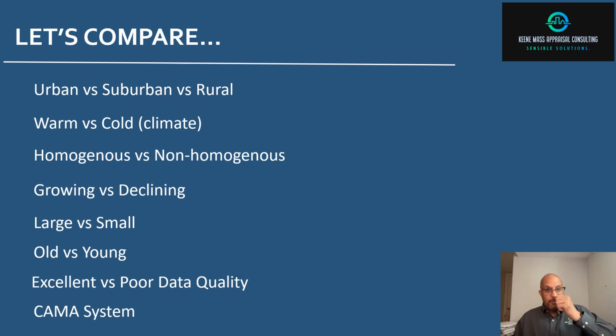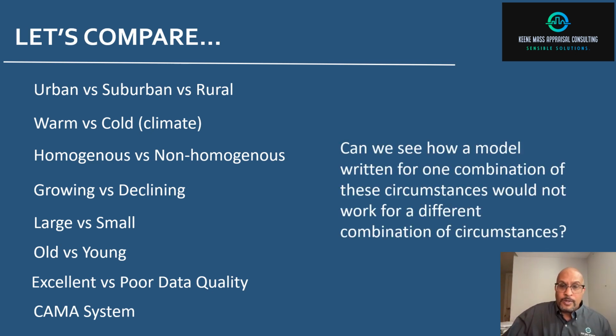Well, what about the CAMA system itself that you're drawing data from in two different municipalities? The way that the data is stored in the system may have a lot to do with how the data can be transformed. Some systems only support certain types of models, or even support only certain types of transformations.